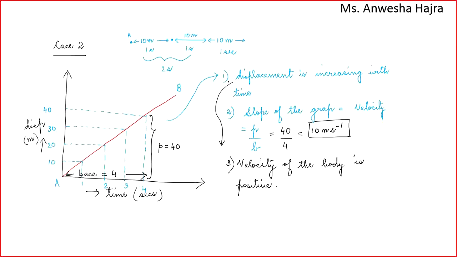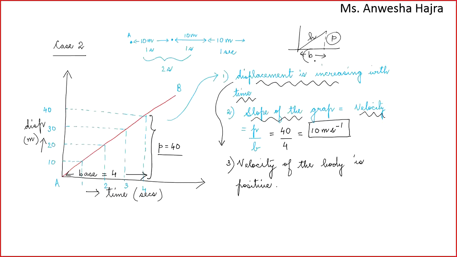So, 3 important points. Displacement is increasing with time. Slope of the graph gives us velocity which is perpendicular by base. I told you in a graph, if this is the graph, then this is perpendicular, this is base, this is hypotenuse.